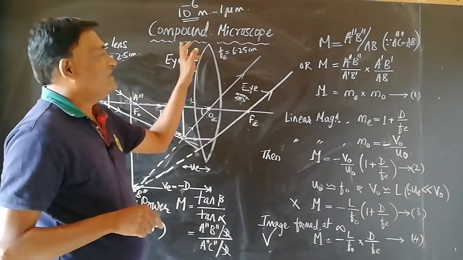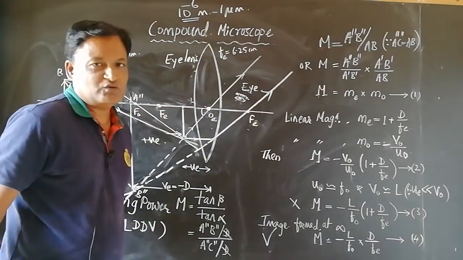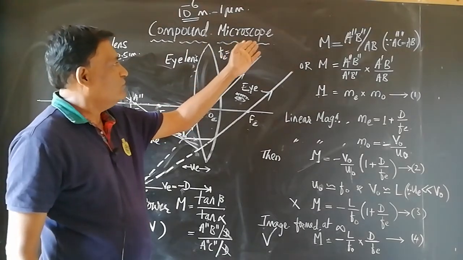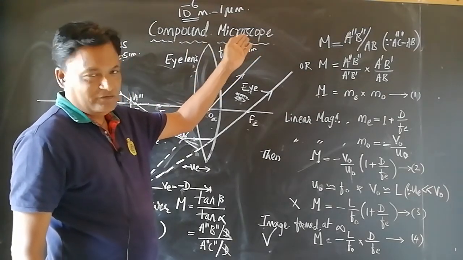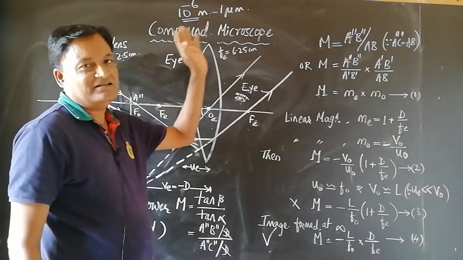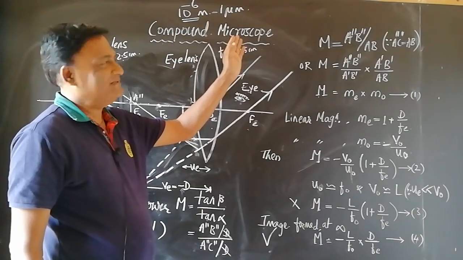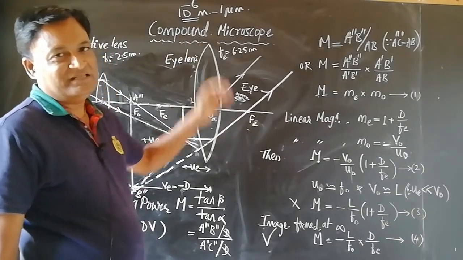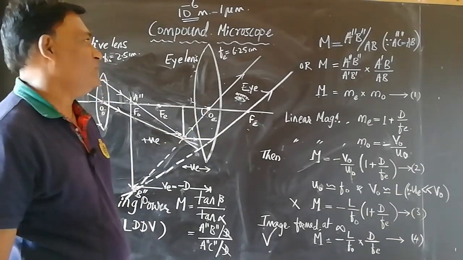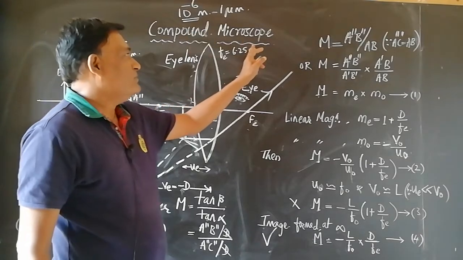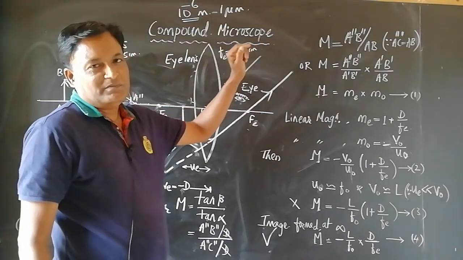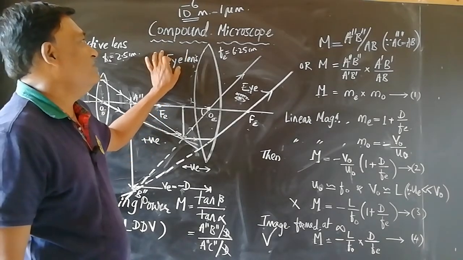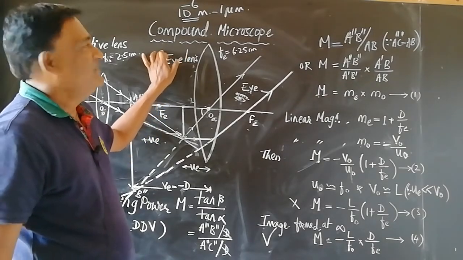In this class, we discuss the compound microscope. Many of you, in your schools while studying in 10th, 9th, and the biology classes, or if you have visited the laboratory, might have seen the compound microscope. A compound microscope is an optical instrument to see the minute particles or minute objects or microorganisms.